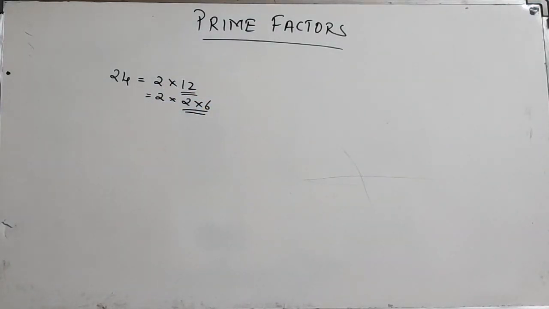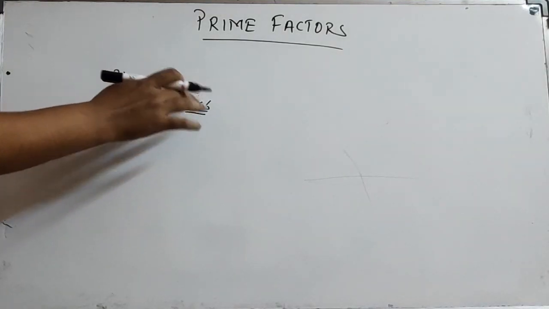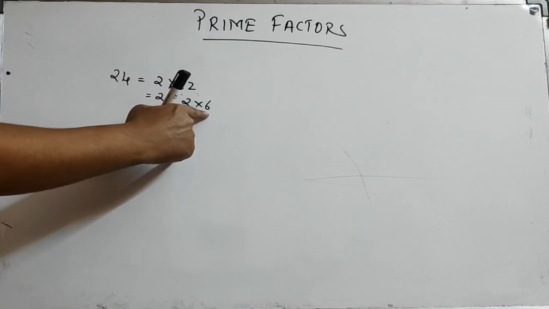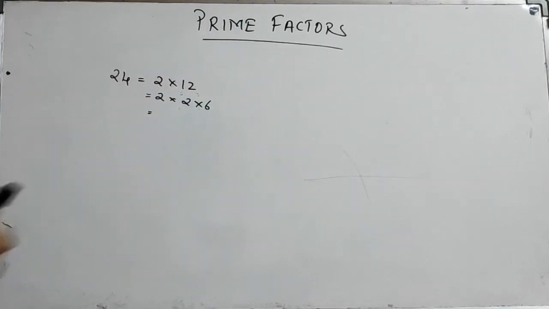Understood? I have split this 12 as 2 multiplied by 6. Now this 2 is a prime number. This 6 is a composite number. 6 can be written as 2 multiplied by 3.